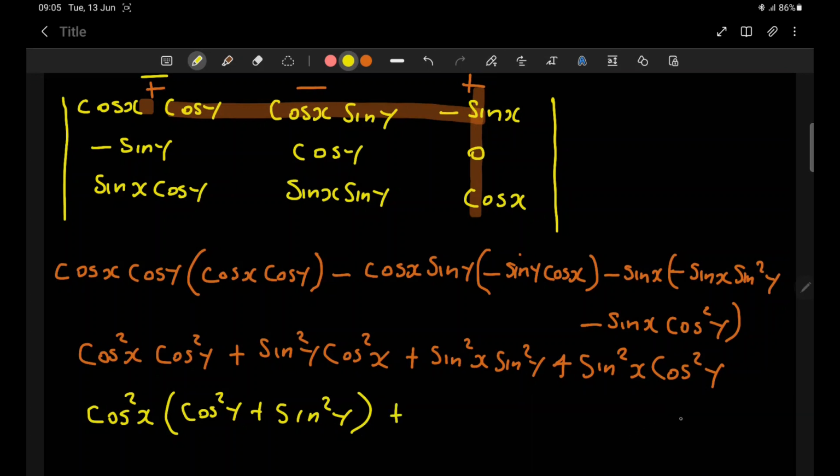We'll factor out what's common, which is sin squared x, and we'll remain with sin squared y plus cos squared y.